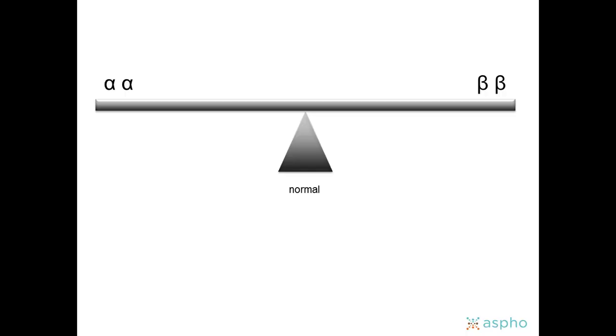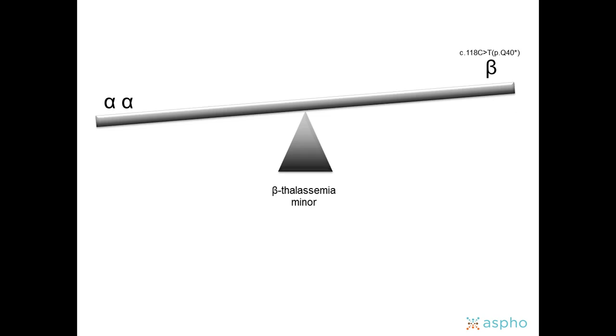Okay, so in the normal state, you should have roughly equivalent production of alphas and betas, right? So if you have thalassemia trait, in this case beta thalassemia minor, let's say you have 1 beta null allele, so you just have a little bit of imbalance here. How can you tip this balance even further into intermedia or major?